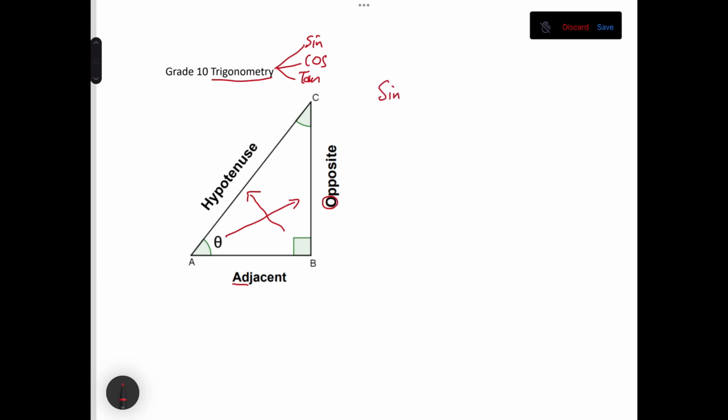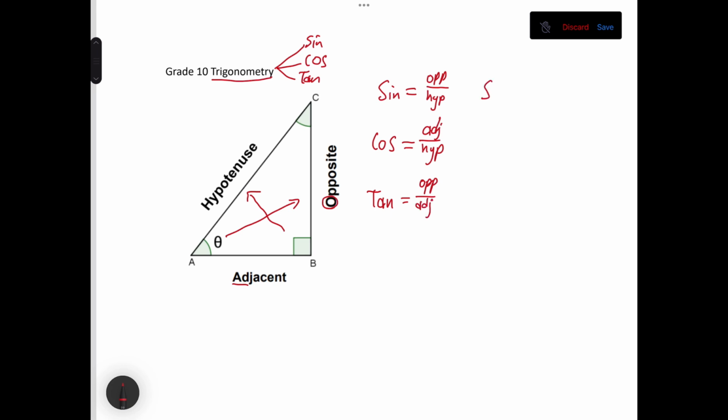So sine, cos, and then tan. There are three ratios that we are going to use. Sine is opposite over hypotenuse, cos is adjacent over hypotenuse, and tan is opposite over adjacent.